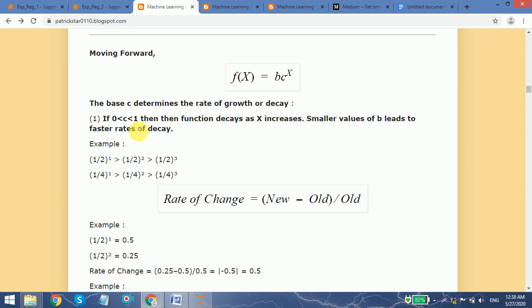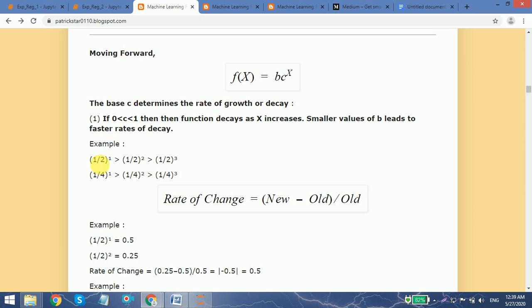First, if 0 is less than c is less than 1, it means that if our value of c is between 0 and 1, then the function decays as x increases. So smaller values of c lead to a faster rate of decay. Let's understand what this means. First of all, we are going to see how the function decays as x increases when our value of base is between 0 and 1.